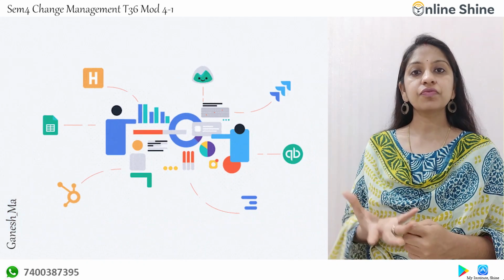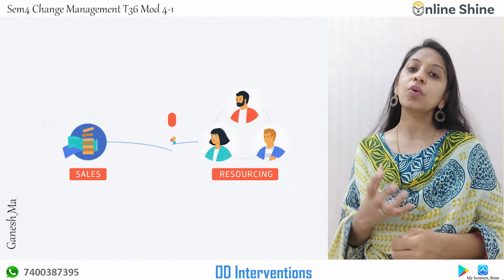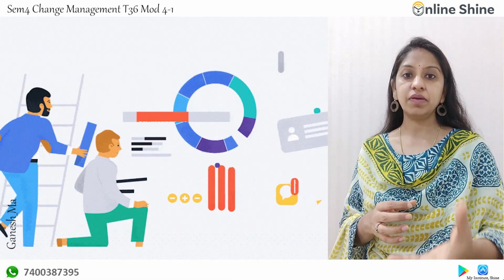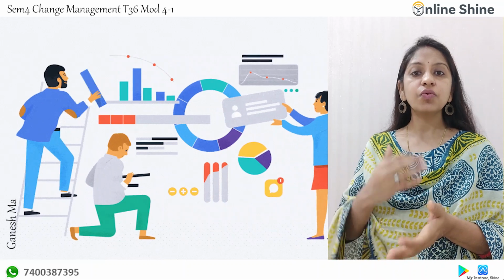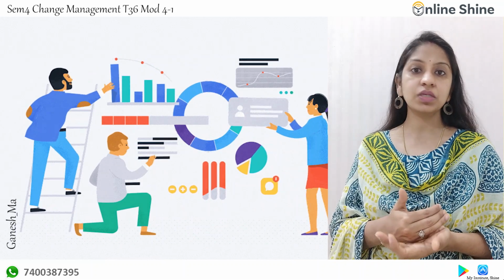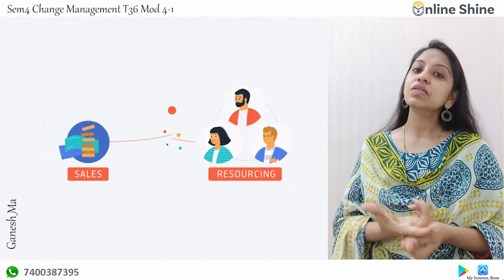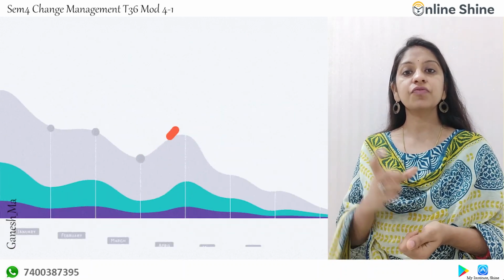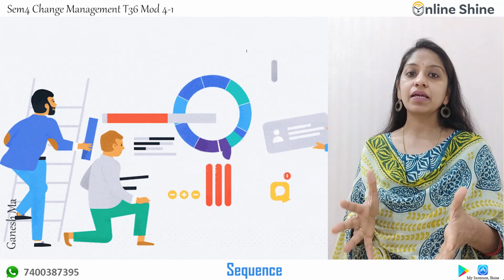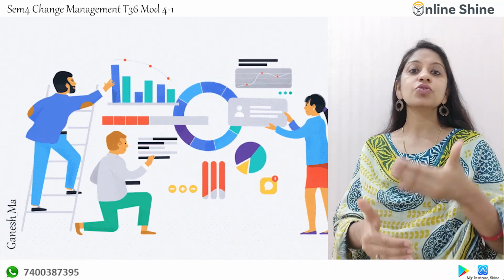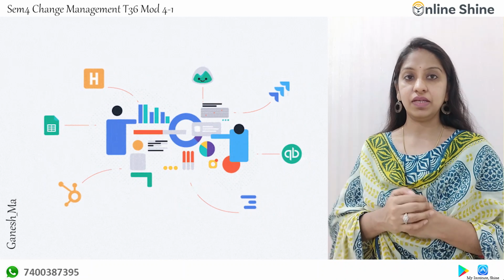Our next topic of this Module 4 is OD interventions. OD means organizational development interventions to overcome the resistance to change. So what is an intervention? Intervention refers to a set of sequenced, planned actions or events that help an organization to increase its effectiveness.